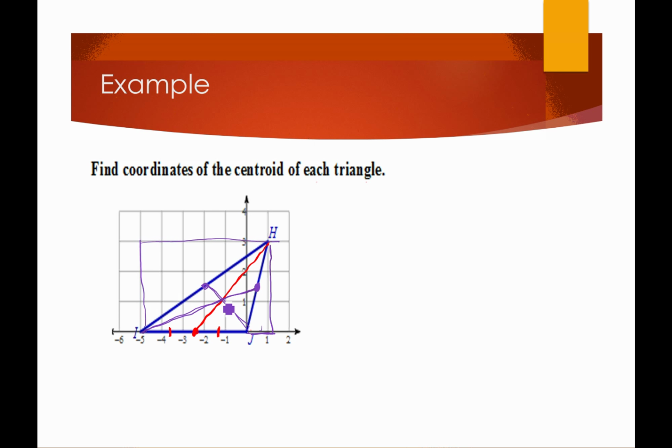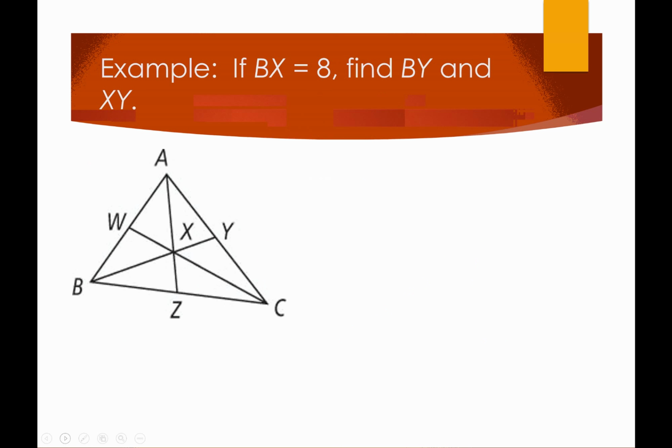And there's my centroid. If I had to estimate my centroid, I would say it would be at (-1, 1), and that's an estimate. Constructing, we could do a lot better.